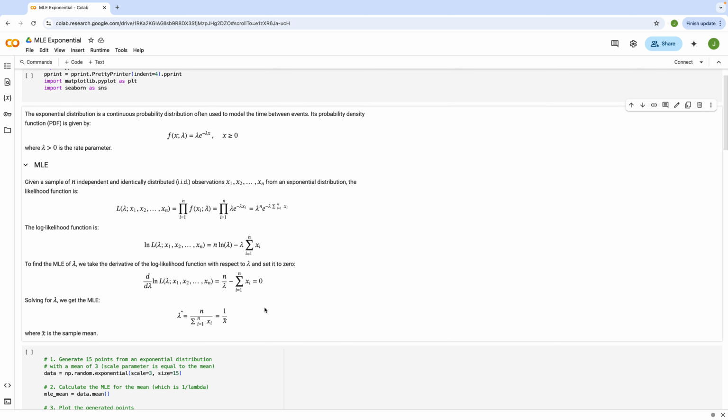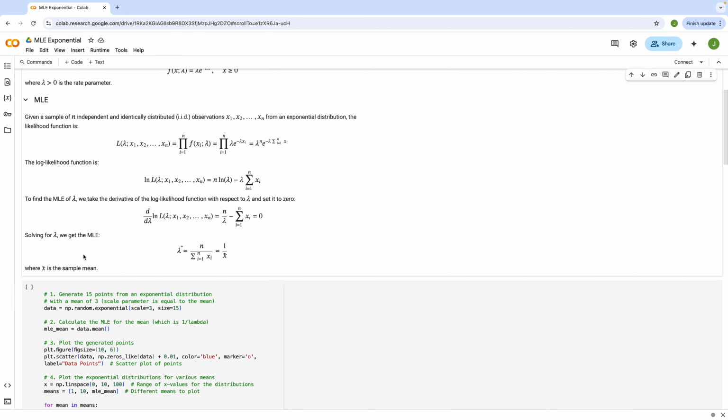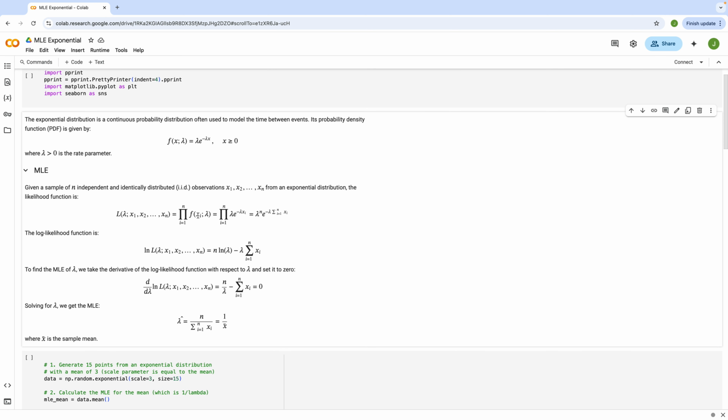Now we solve for lambda, and it's going to give us this. That's exactly 1 over the average, where x bar is the sample mean. One thing I want to comment on is that sometimes instead of lambda, people will put 1 over lambda or 1 over beta as the parameterization, and that will change the estimate.